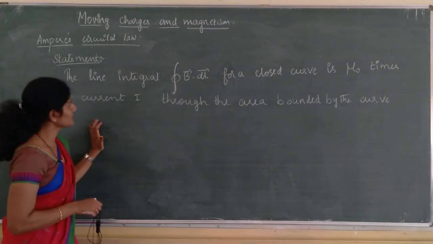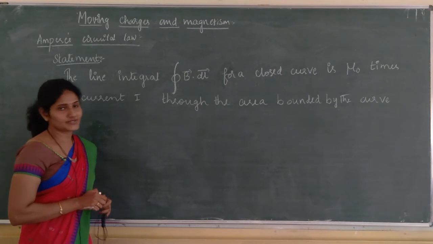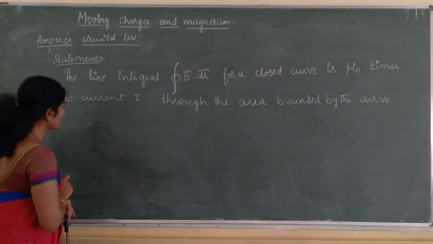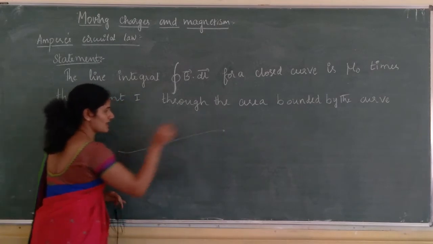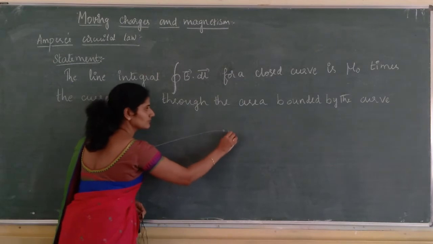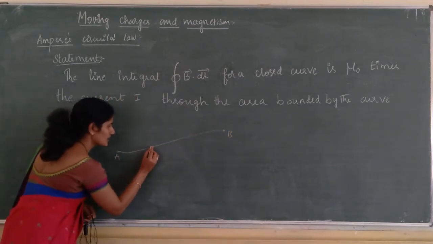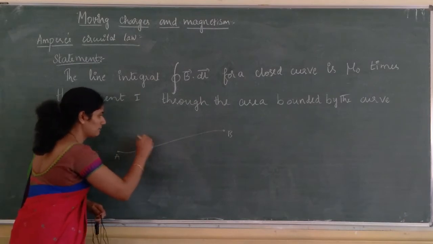Now let us see the meaning of line integral and closed line integral. For that, consider one path. Imagine that this is a path AB. There is a particle, this is one particle P.